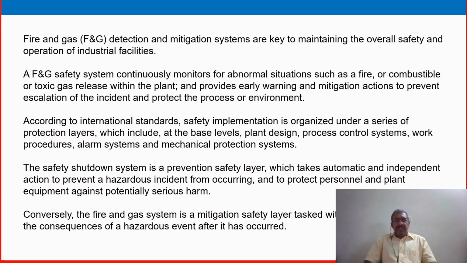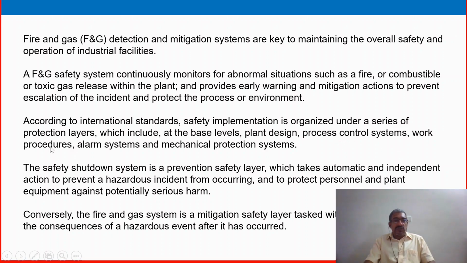According to international standard, safety implementation is organized under a series of protection layers which include, at the base level, plant design, process control system, work procedure, alarm system and mechanical protection system. We have already discussed some of the levels, like the instrumentation and control system, which is the process control system.